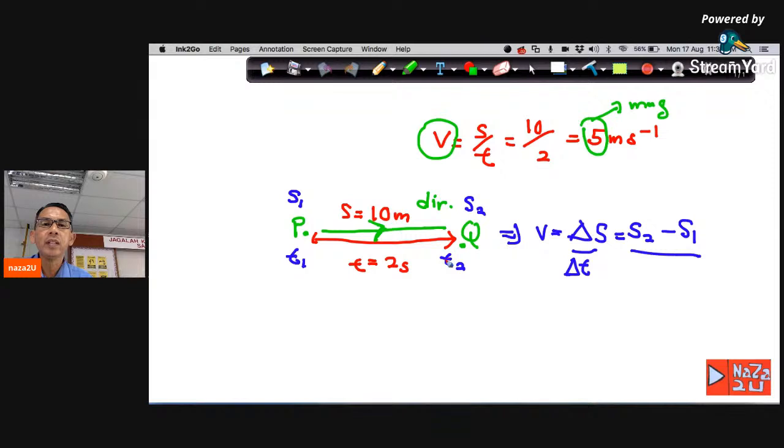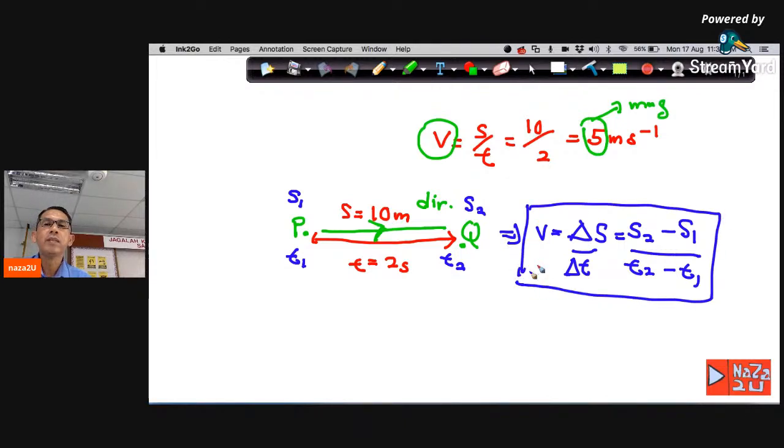Change of time meaning T final minus T initial, T final is T2 minus T1. So this is how you can use the equation or the formula to describe the velocity of the system.